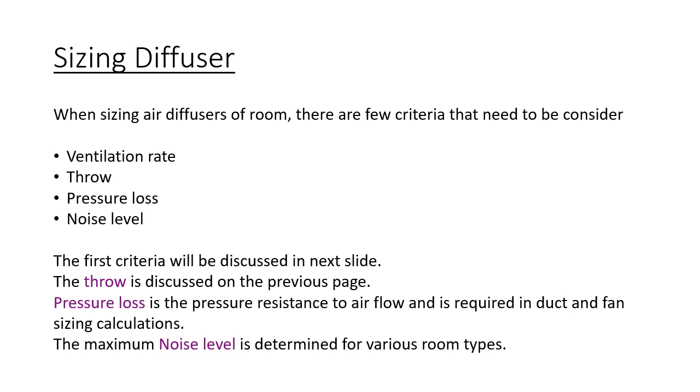Pressure loss is the pressure resistance to airflow and is required in duct and fan sizing calculations. And for noise level, the maximum noise level is different for different room types. So we have to see a table, and the table will be shown in the next slide.